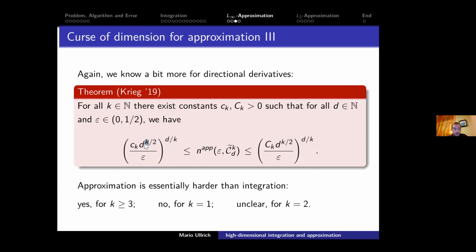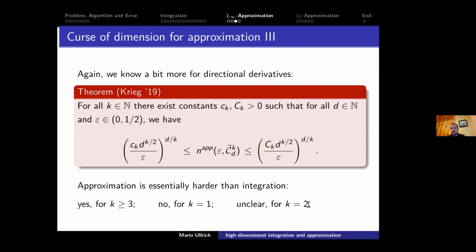It's d to the k/2 divided by epsilon to the power d/k. And from this result, compared with integration again, we see that if we ask whether approximation is essentially harder than integration, then the answer is yes for k larger or equal to 3. The answer is just no for k equals 1. Both problems are of the same difficulty. And we still do not know precisely for k equal to 2.